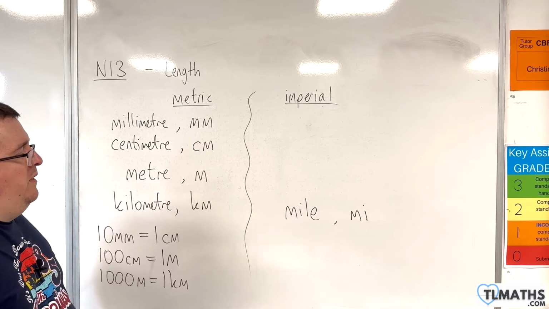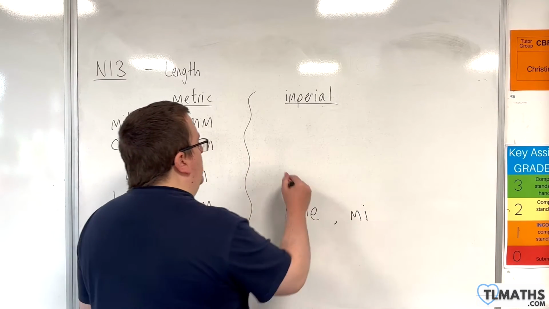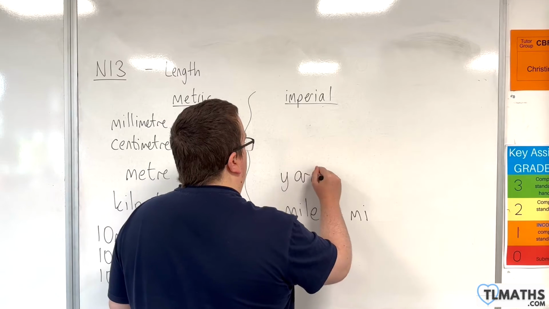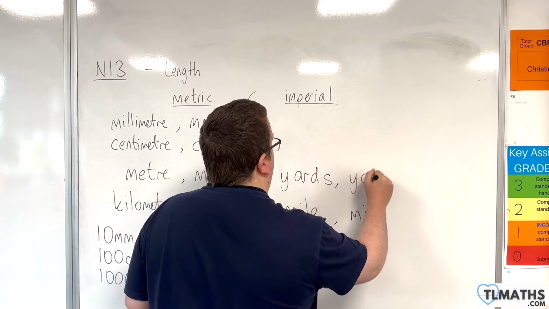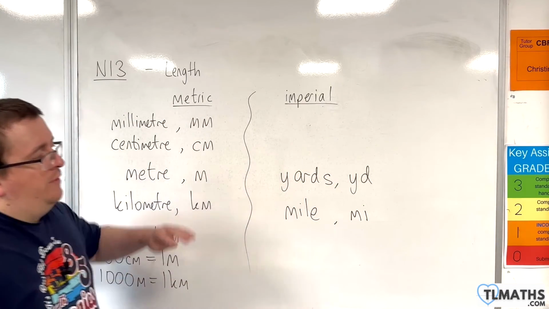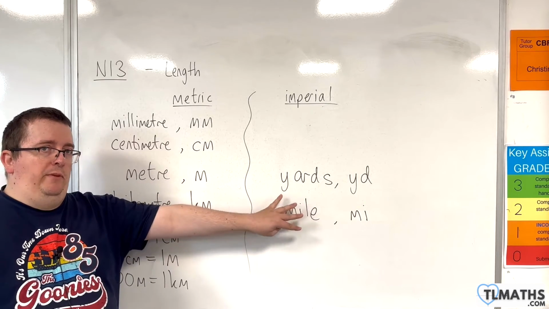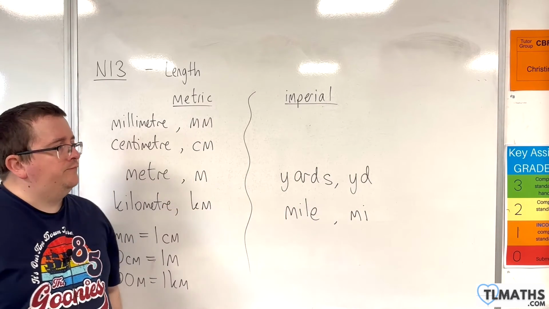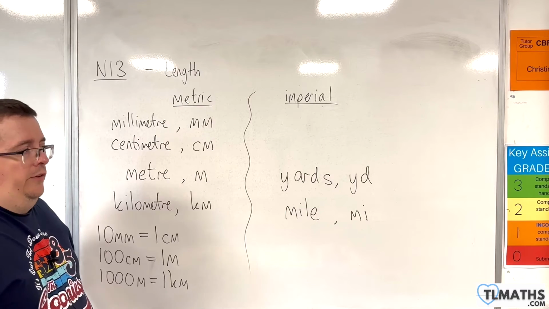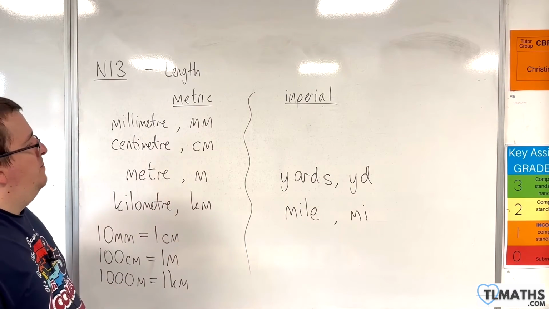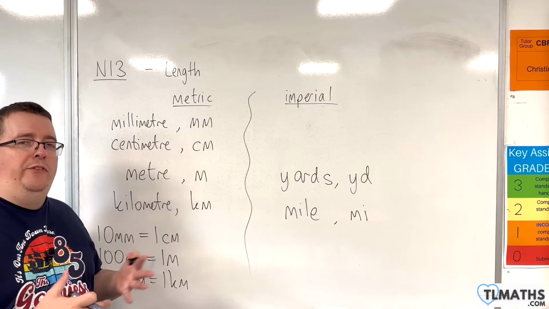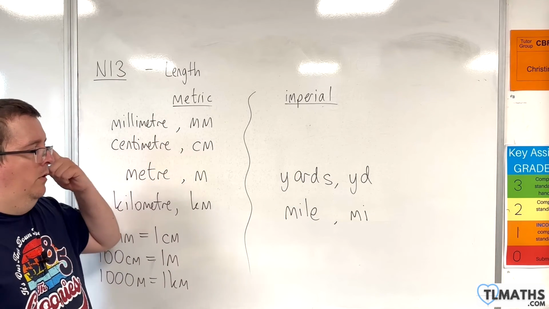If we go smaller than that, then we go into yards, which is often abbreviated to YD. And there are a number of other ones here in between that I'm not mentioning, because, as I said with metric, I'm just going with the ones that most often get used.